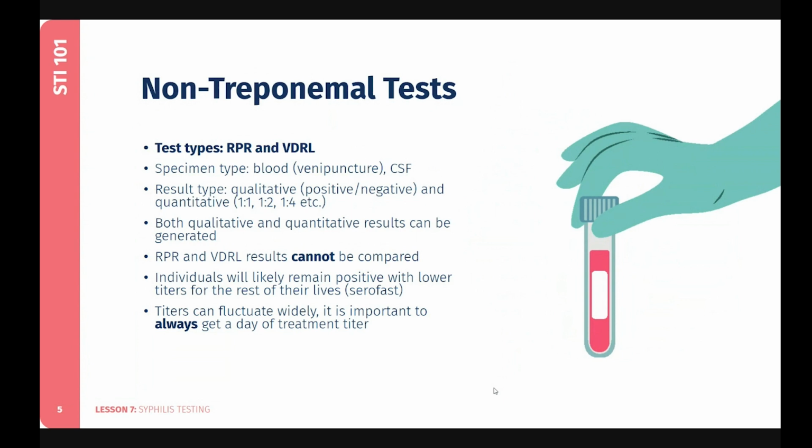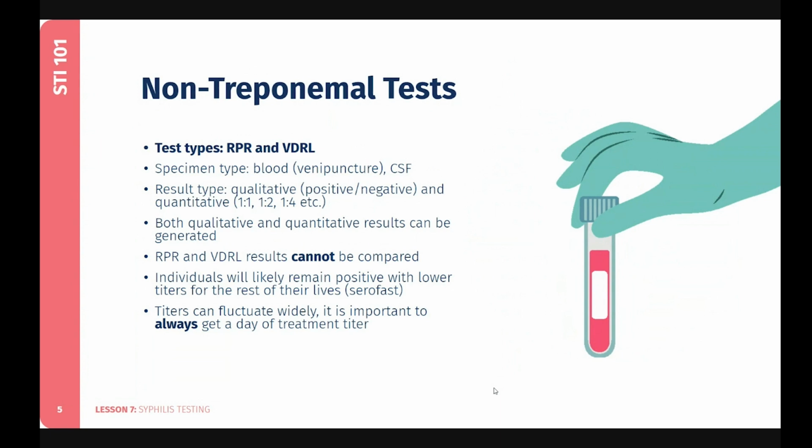These tests can not only tell you if a specimen is reactive, but the laboratorian can and should always run a titer. The titer is a quantitative result that can be monitored to determine if someone has been reinfected or if they have had an appropriate treatment response. If you are monitoring titers, note that you should only compare RPR titers to RPR titers and VDRL titers to VDRL titers, since there is likely to be a variation between the VDRL and the RPR titers that is unrelated to the syphilis infection.